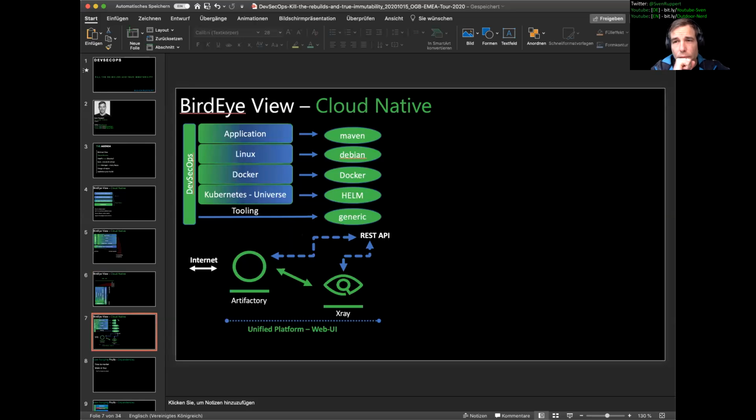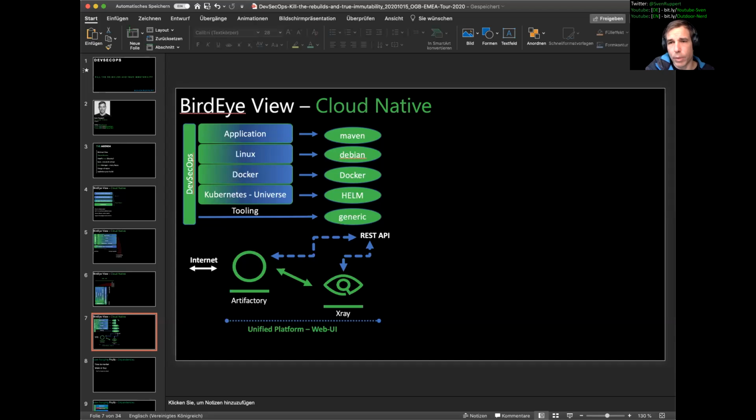But coming now to this test stack again. If you're looking at this one, you will see that more or less every layer will lead to some kind of repository. For example, the application is written in Java, then you have maybe Maven as a repository management system to deal with dependencies.